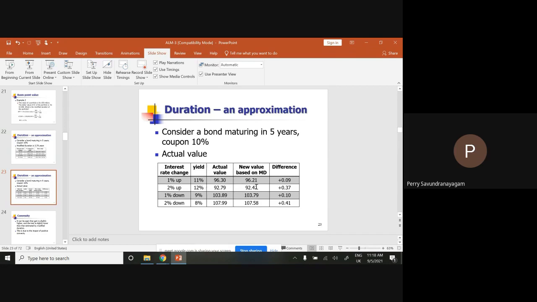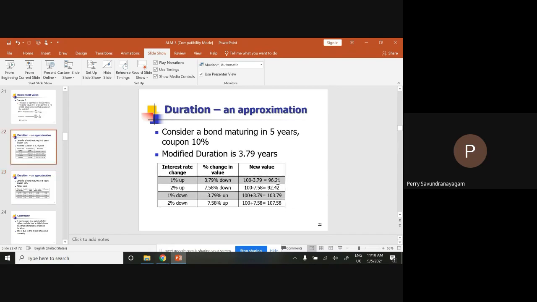New value is basically this, based on the coupon and the yield. If the yield, interest rates, go up 1% from 10% to 11%, the actual value will move based on modified duration to this price. So this is the same thing it's giving you here.